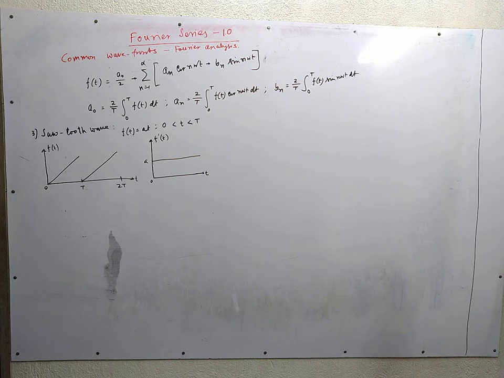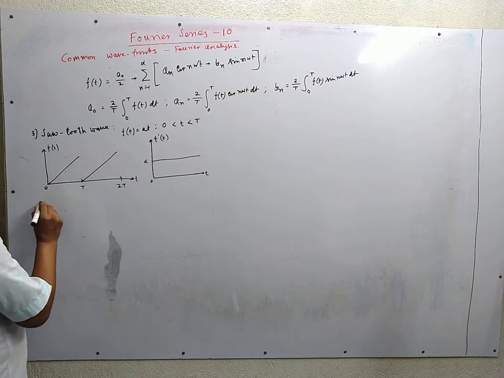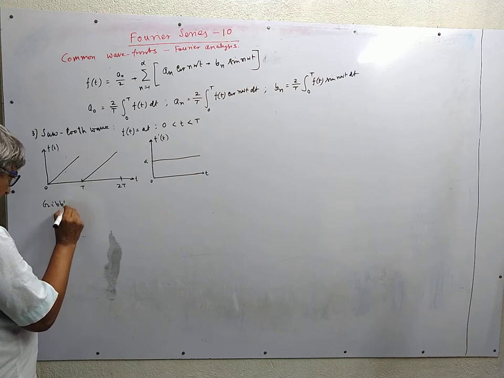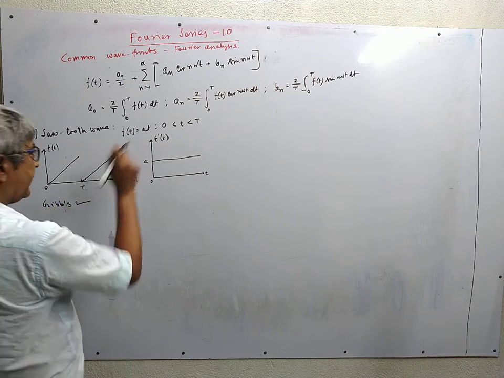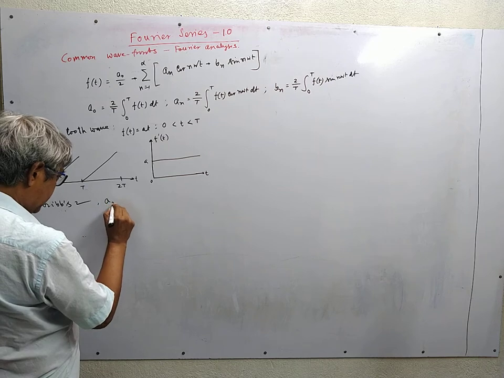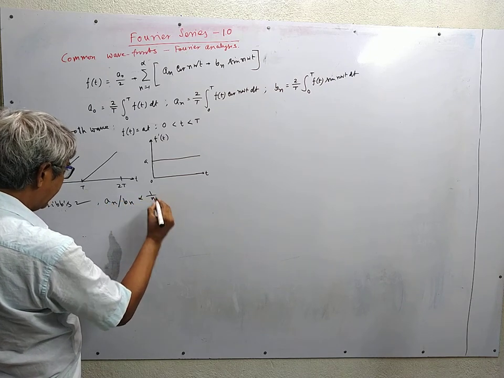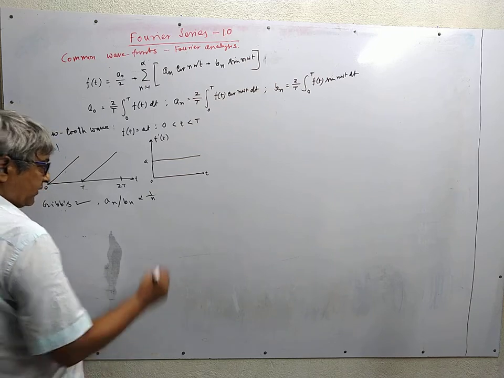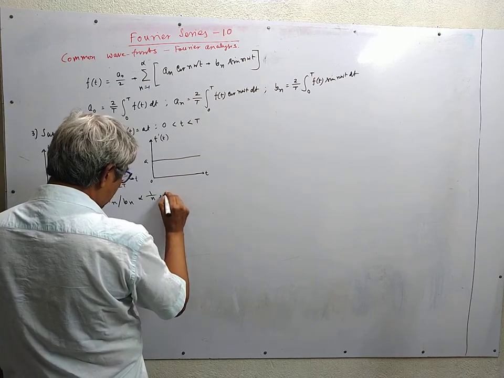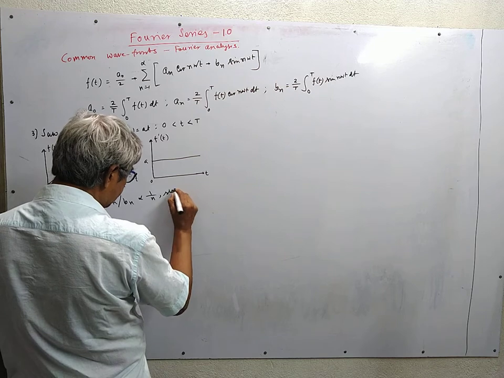We expect that Gibbs phenomena will be there because the function is discontinuous. Gibbs will be there, and whatever exists, an or bn will have 1 by n dependence and a slower rate of convergence, slow convergence.